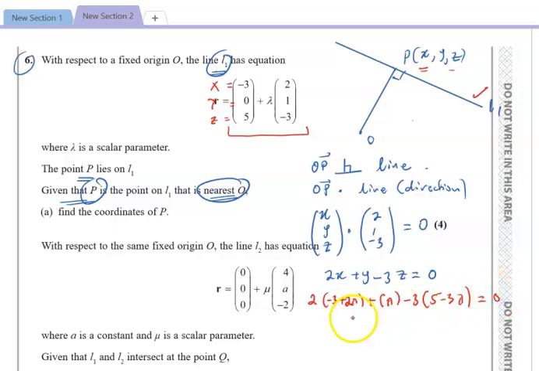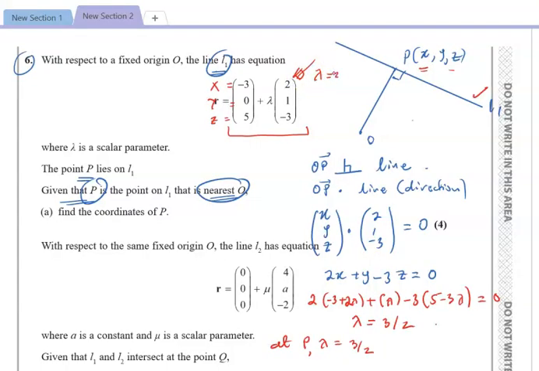So when you solve for lambda here, you see that lambda is equal to 3 over 2. That means at P, lambda is equal to 3 over 2. Now all we need to do is to get this lambda, which is 3 over 2, and substitute here to get your x, y, and z.